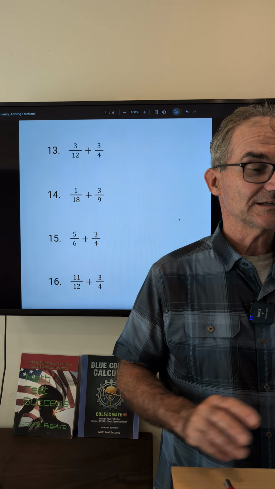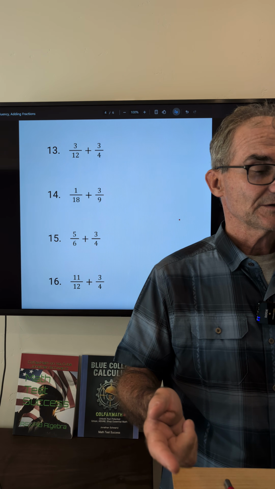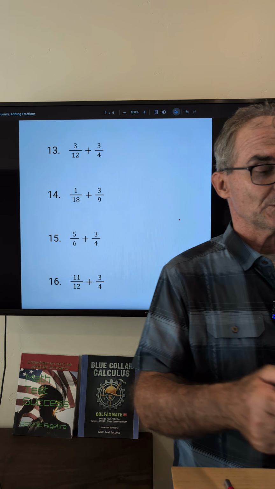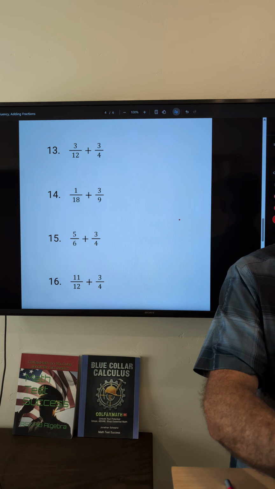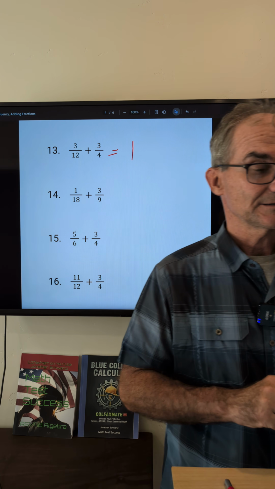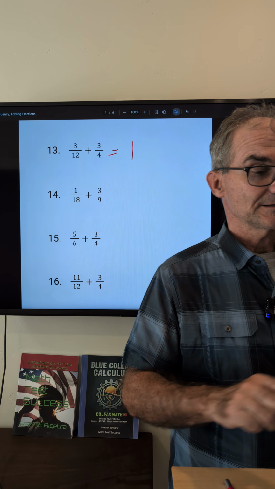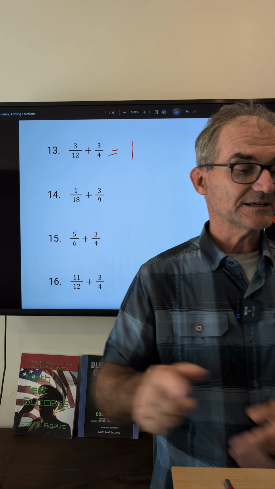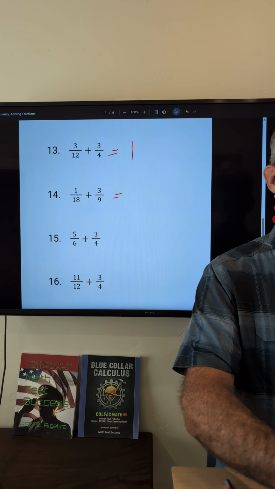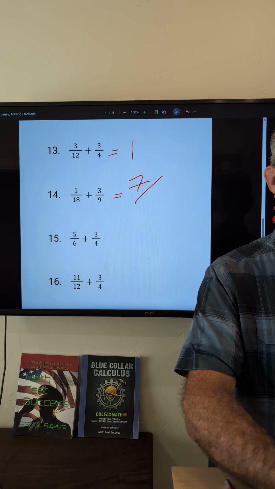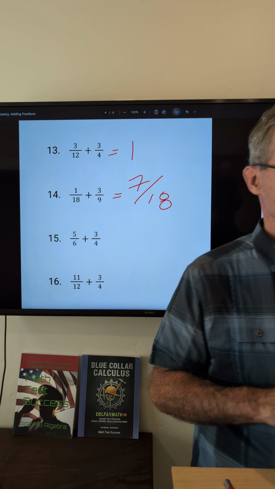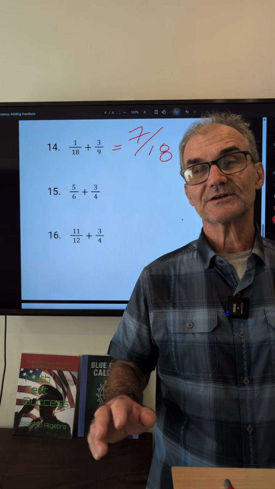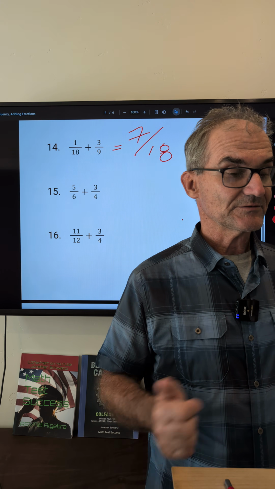Number 13, 3/12 plus 9/12 is 12/12, or just equal to 1. 1/18 plus 6/18 is 7/18. Some of them you just have to double one of the fractions, but some of them you're going to have to work on both.